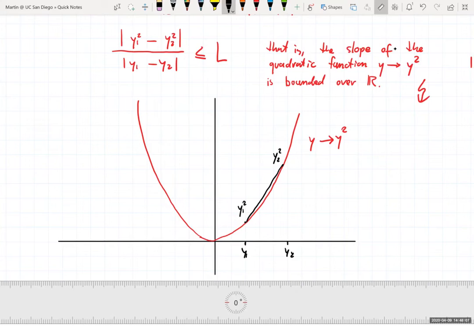So such a constant L cannot exist. I can always find y1 and y2 such that this quotient here becomes as large as I want.